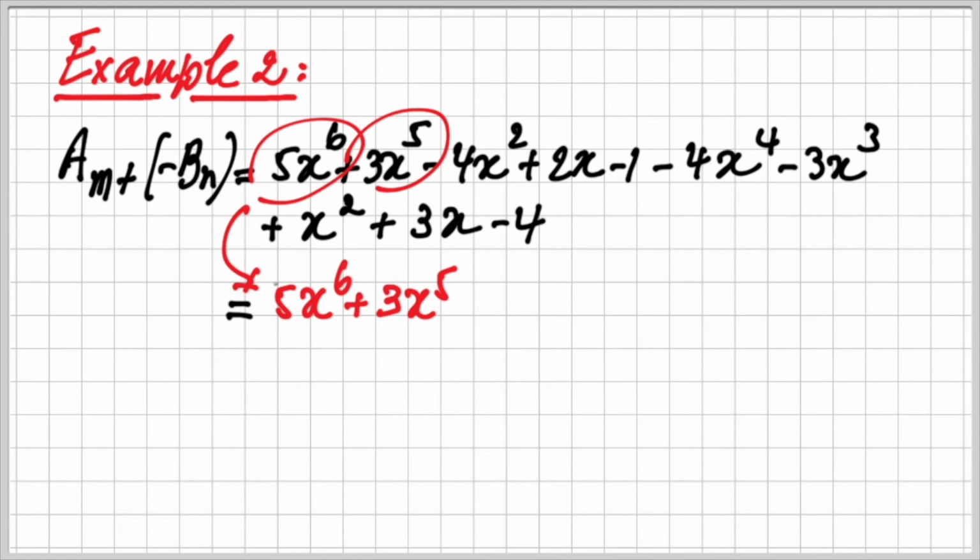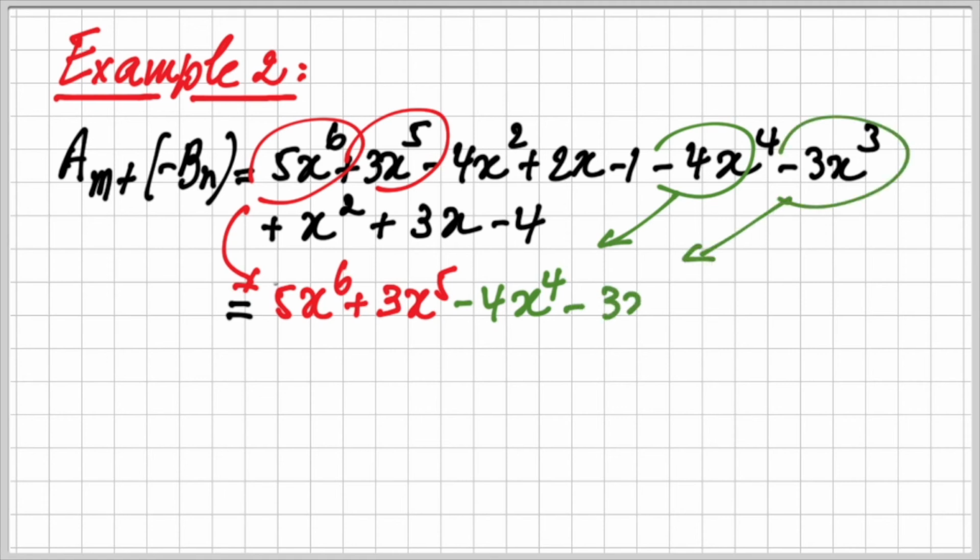And now we're going to see in a, we don't have terms to the third power and to the fourth power, so we look at the parts that we have farther in the expression. So we have minus 4x to the fourth and minus 3x to the third. So the next term is minus 4x to the power 4. Then we have minus 3x to the power 3.